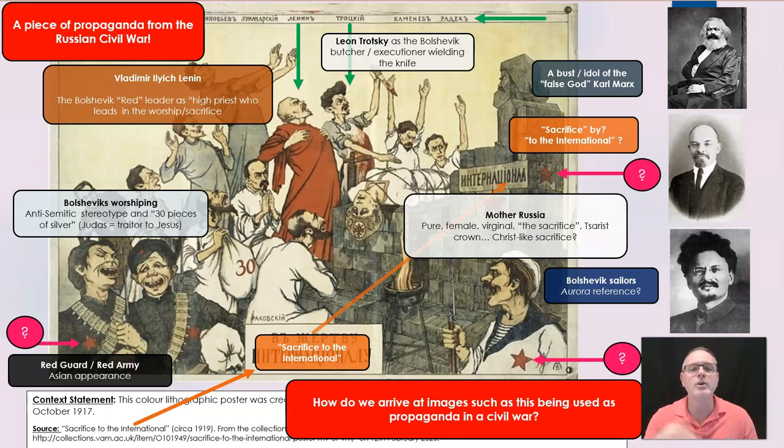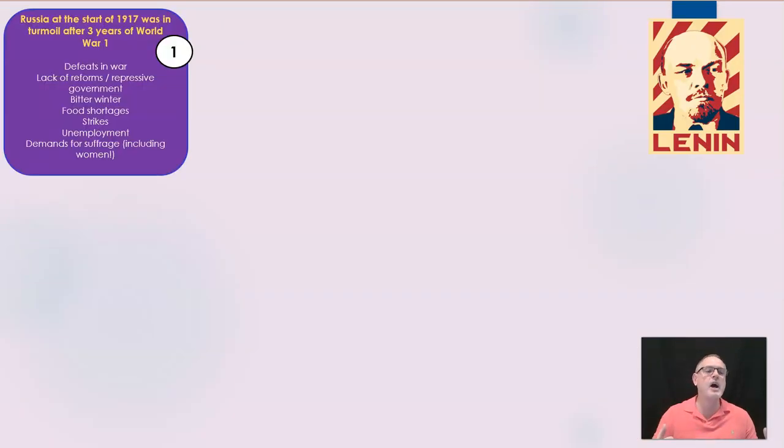Let's now quickly talk about an overview of the revolutions of 1917. 1917 starts as a year where Russia is experiencing continued defeats in World War I. The Tsarist regime has refused to reform itself. In fact, it has become more repressive. It's had a bitter winter.